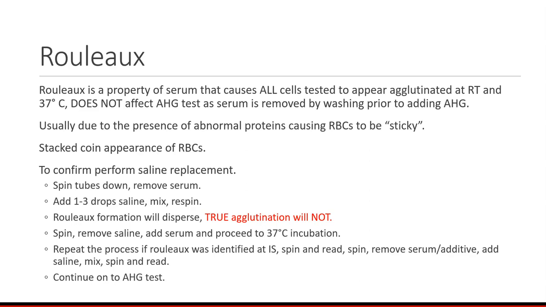Again, if it's rouleaux, the pseudo-agglutination will go away. Then you proceed on to the anti-human globulin phase of testing, which is washing 3 times and adding Coombs. Because there's no serum proteins at this stage of the testing after you wash 3 times, those reactions, whatever you get, are what you get.